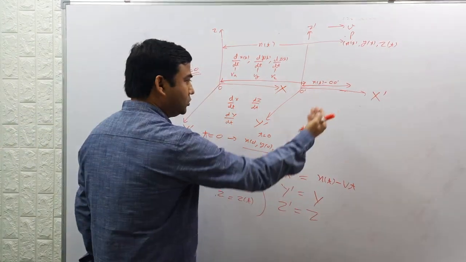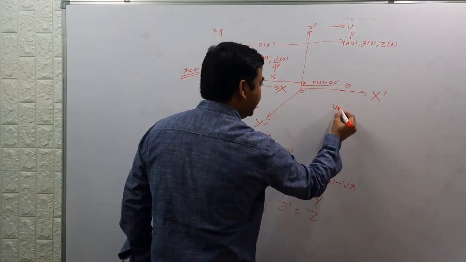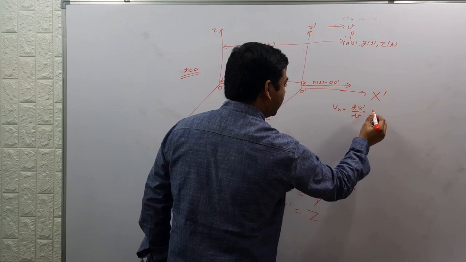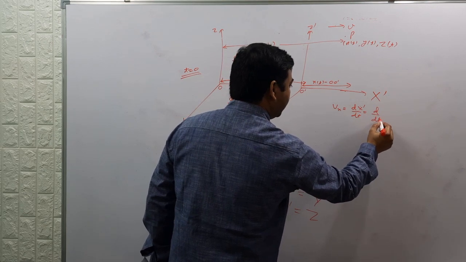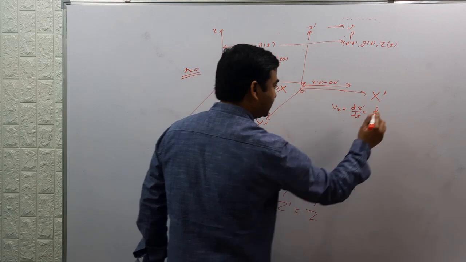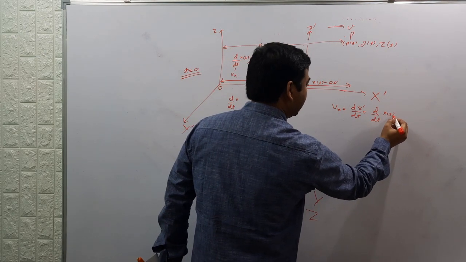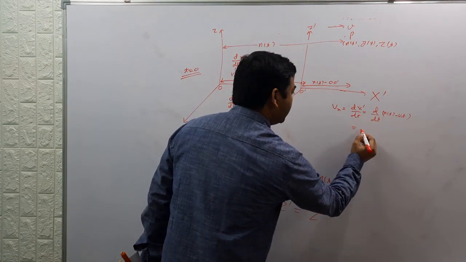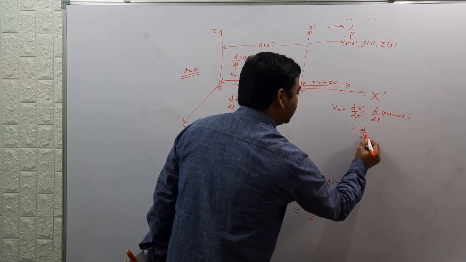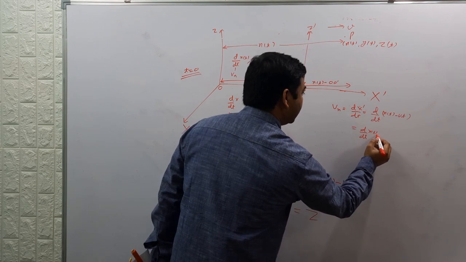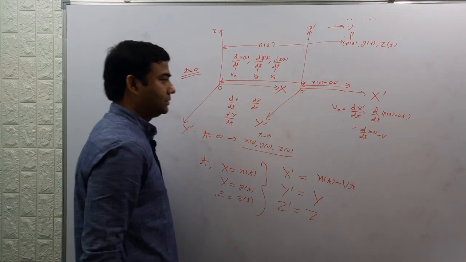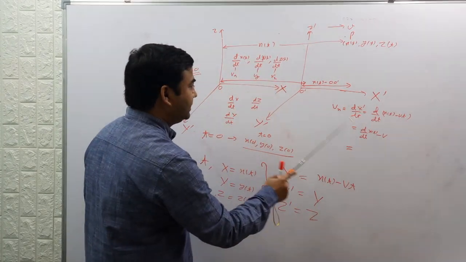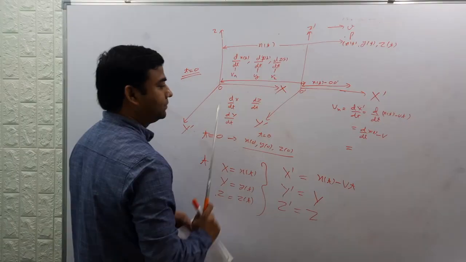Similarly, velocity in this frame, vx is equal to dx dash over dt, is equal to d/dt of x dash, is this xt minus vt, and this is equal to d/dt of xt minus v, and this is equal to dxt over dt, which is velocity in this frame.